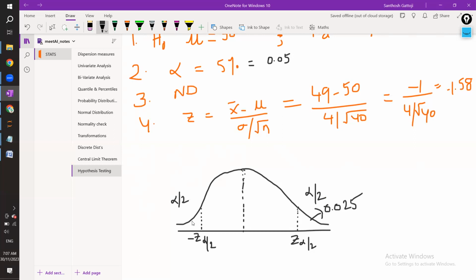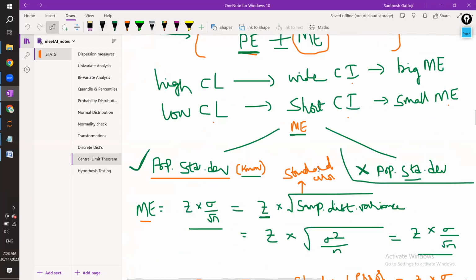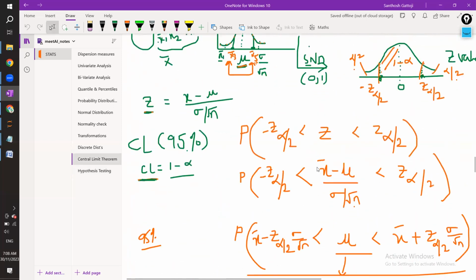And this area is also 0.025. And when you get this value at 0.025, I think we have already done this in some previous examples, so I will just try to show you.